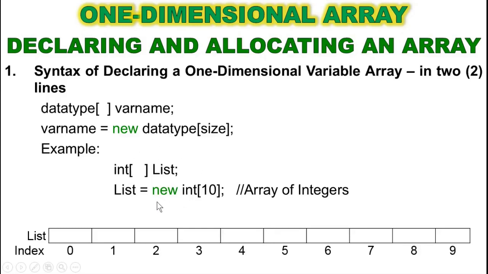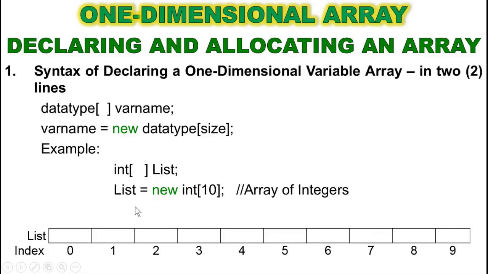For example, in this first line we have an array of integers named list. The first line is not yet complete and it cannot yet store any integers because we did not specify the size. The second line will complete the declaration of an array of integers.